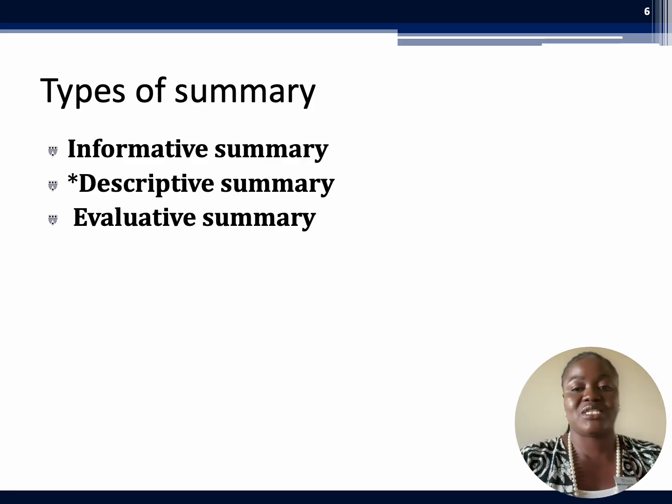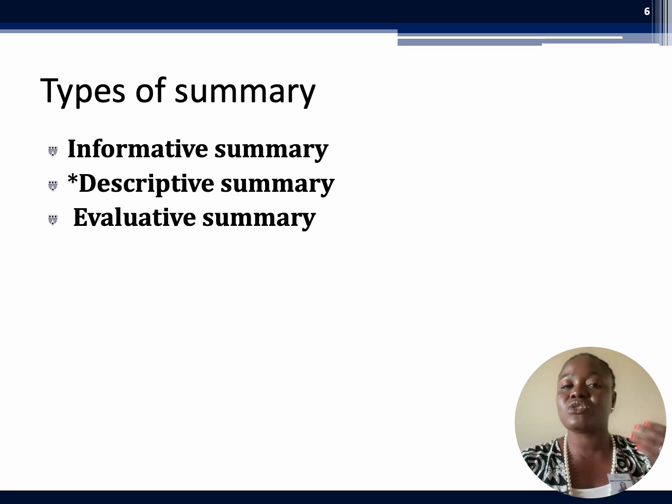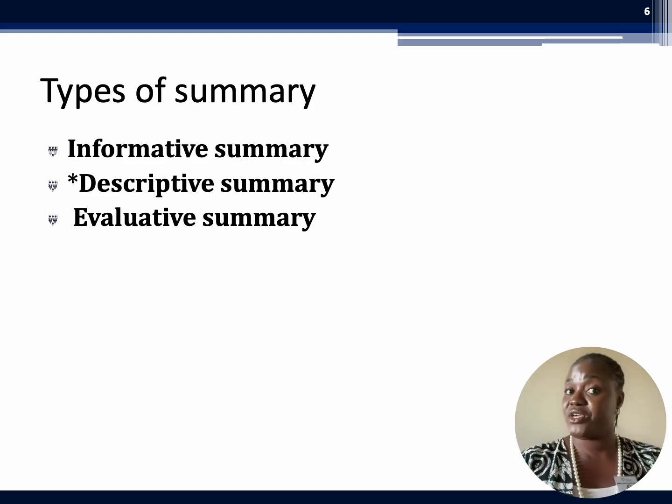So you have to understand the type because that helps you to decide what information to include. But keep in mind that most academic and professional summaries are informative, that's the first one there, while evaluative summaries combine summary with some critical analysis. So we're going to look at each of them in detail to understand when and how to use each approach.